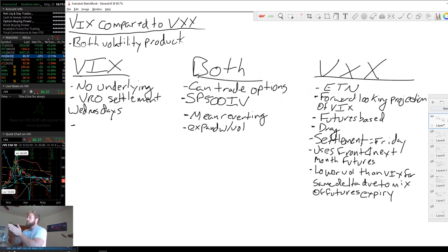The VXX, because it's an ETN, it settles Friday, so normal settlement there. And then something else that is of note is that the VXX tends to have slightly lower volatility than the VIX, if we're talking about the same delta option. The reason for that is because the VXX is made up of both front month and the following month futures.